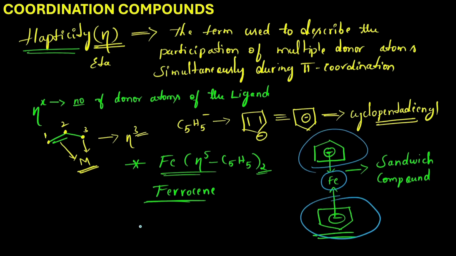Okay, now if you write the name of the compound according to the IUPAC nomenclature, here iron is the metal, here we have cyclopentadienyl ligands. Here the name of the ligand itself contains the prefix di, therefore we have to go for the special prefixes, that is bis, because two cyclopentadienyls are there. Okay, therefore bis cyclopentadienyl.